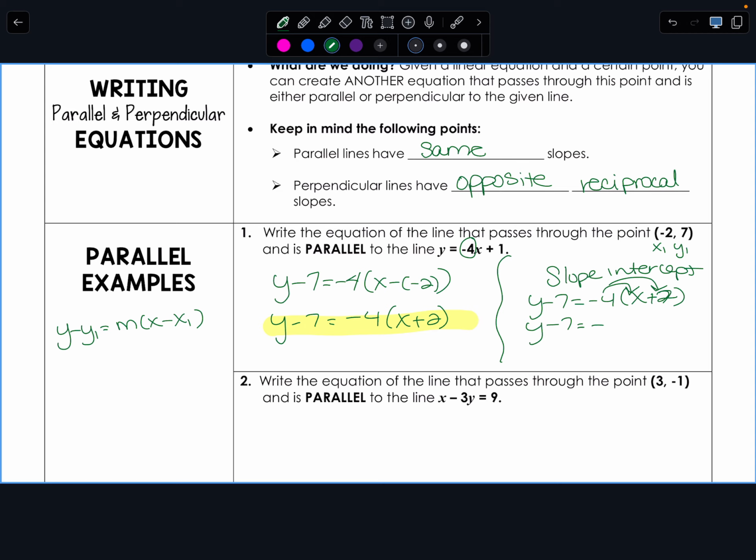And then I'm going to add 7 to both sides. And I would have gotten y equals negative 4x minus 1. That's if I ask for slope-intercept, but I'm not asking for that. So don't go through all that effort to do it if I don't ask for it. Make it easy on yourself.